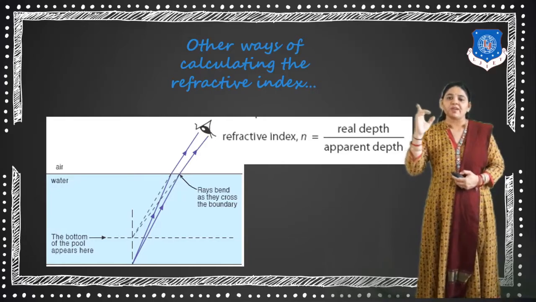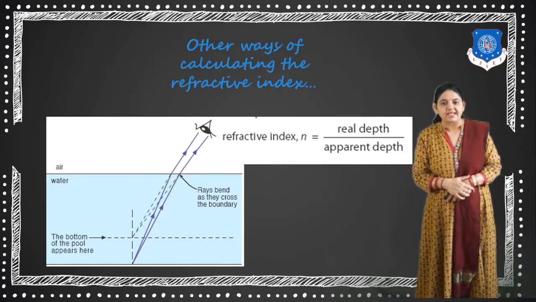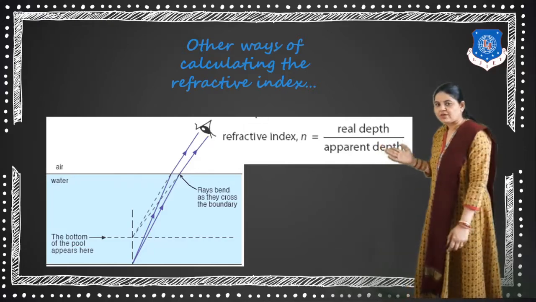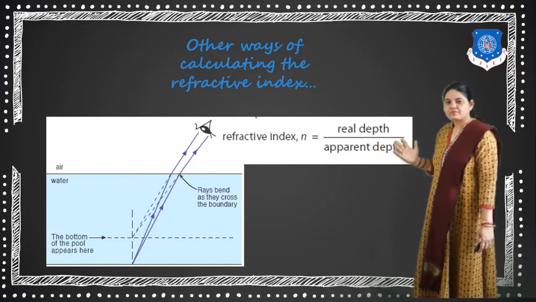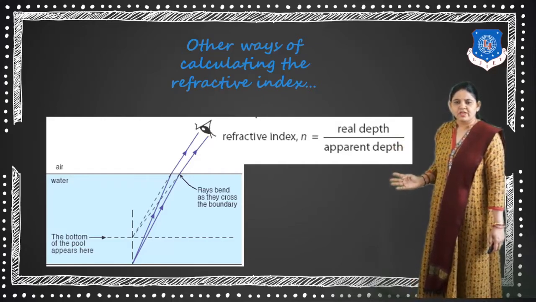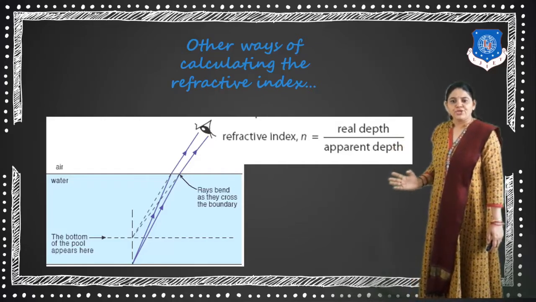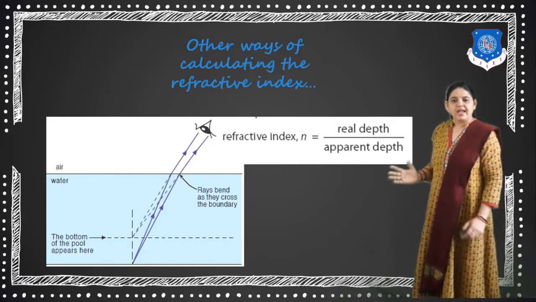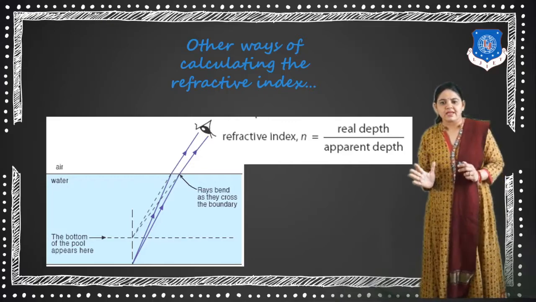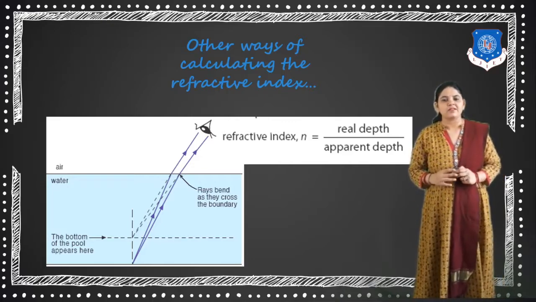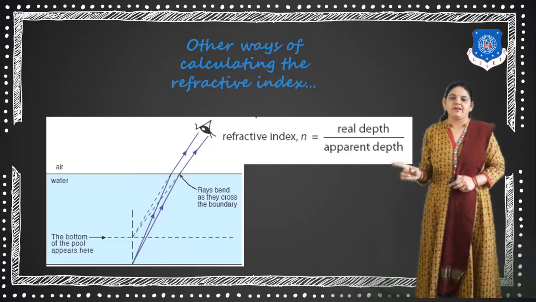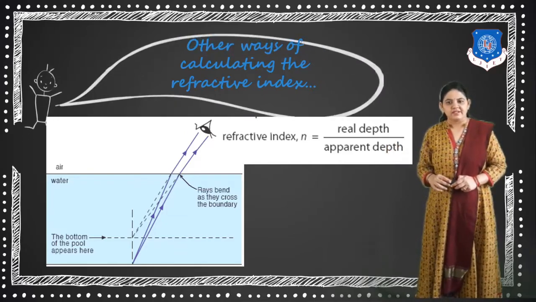So what are other ways of calculating the refractive index? Here you can see the diagram, the air medium, the water medium, and the normal axis. Now see how the ray bends as it passes through the boundary. So you can find the real depth divided by the apparent depth.